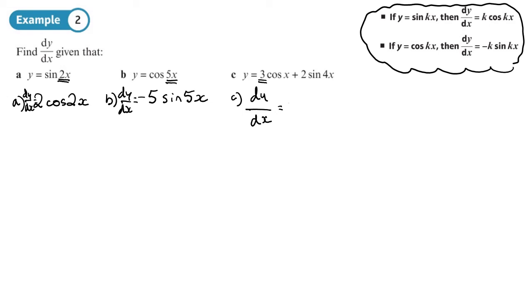So basically it's going to be 3 lots of whatever cos x differentiates to. That's negative sine x. Then we've got another constant here, but when you differentiate it, you're going to end up with 4, aren't you? 4 cos 4x. So actually you end up with 8. So this is like the 2 times the 4 there. So you end up with 8 cos 4x.